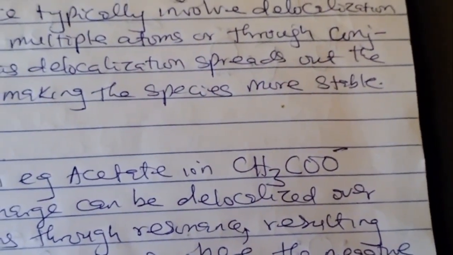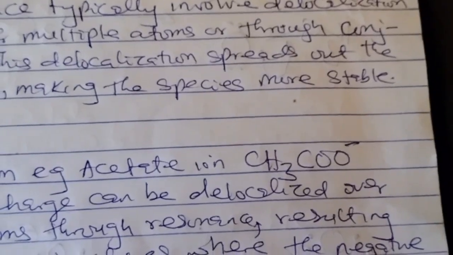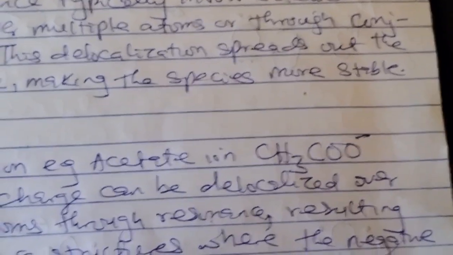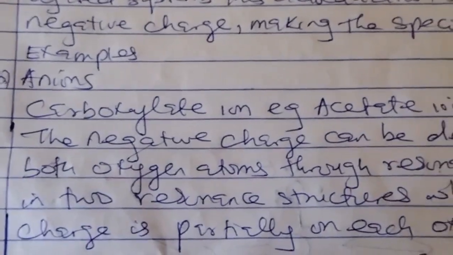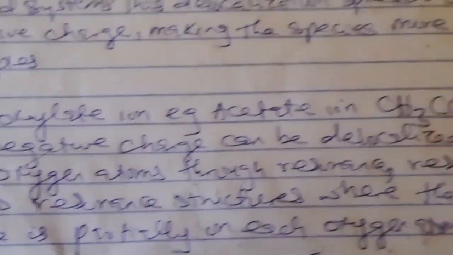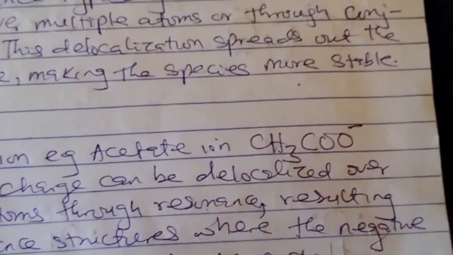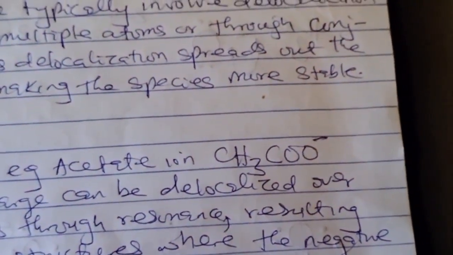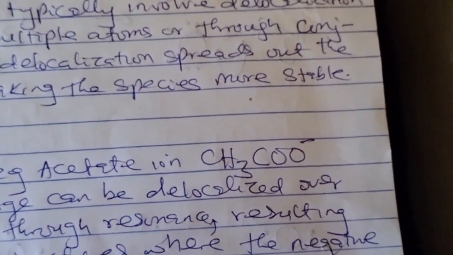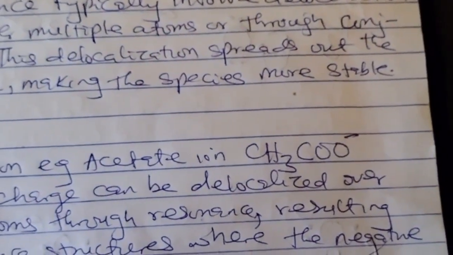So why would this ion stabilize negative charges through resonance? You can see the negative charge on the last oxygen. That negative charge can also move to the second oxygen.